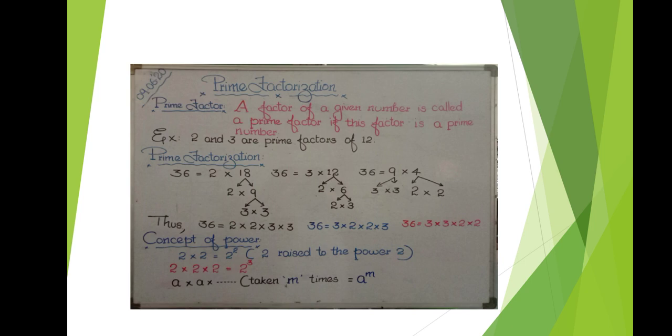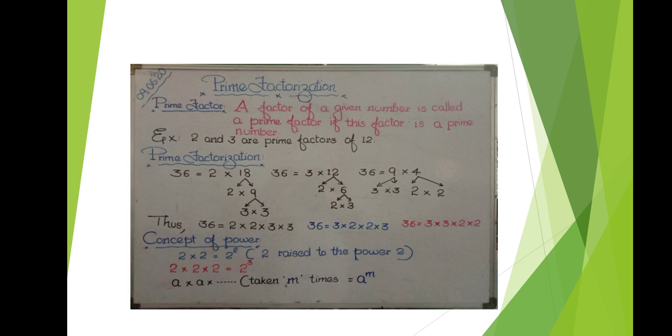Factorization means we are expressing the given number as the product of prime factors. So we have to find out the prime factors of 12 and their product should be the given number 12. Then it is called prime factorization or complete factorization of the given number.